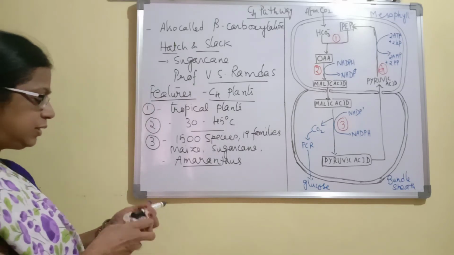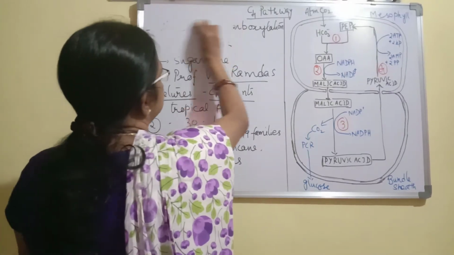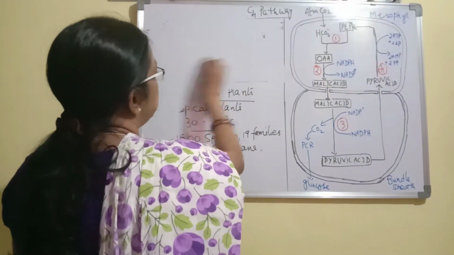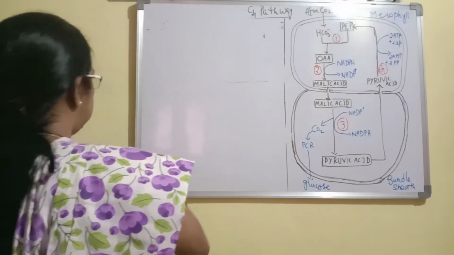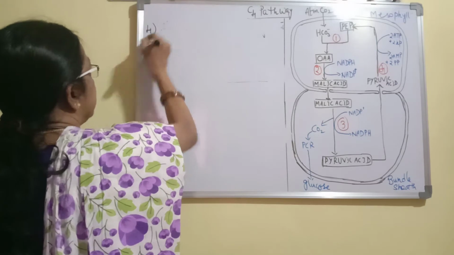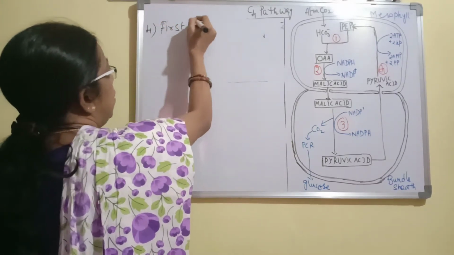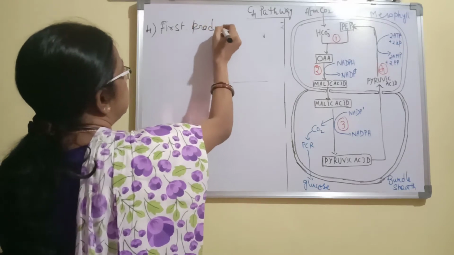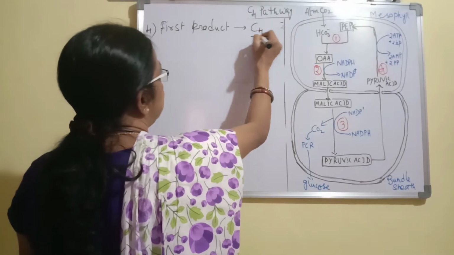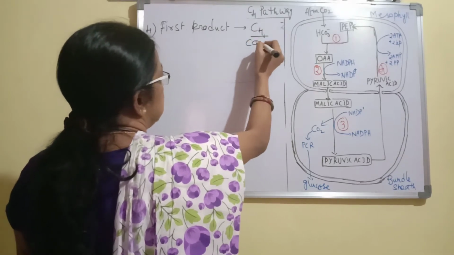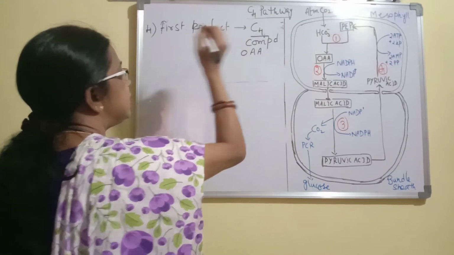Let us see the next feature. The first product is a 4-carbon compound, C4 compound, which is called oxaloacetic acid.